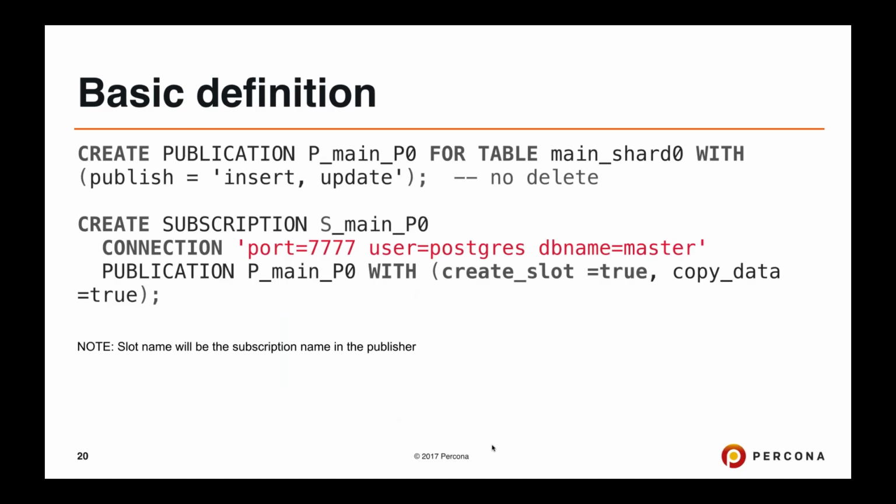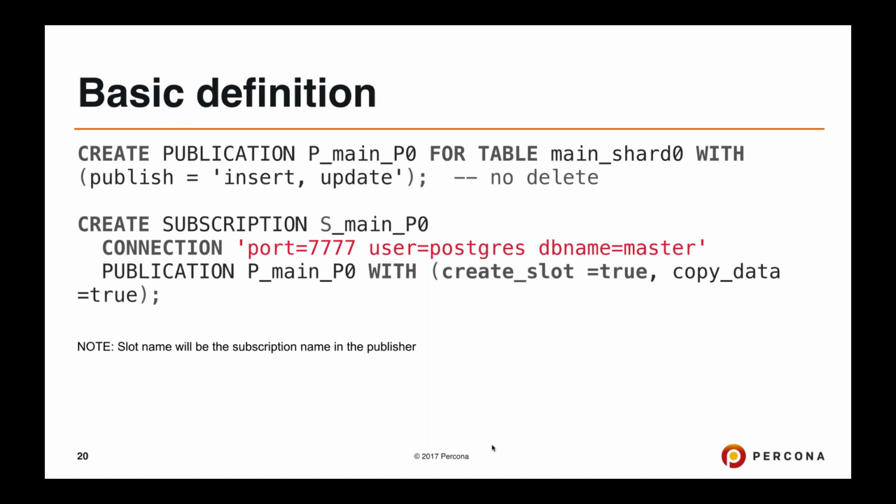The basic definition is this one. This is a publication over a single table and only replicating the inserts and updates. This was specifically for showing how you can have different retention policies between the origin and the destination servers.